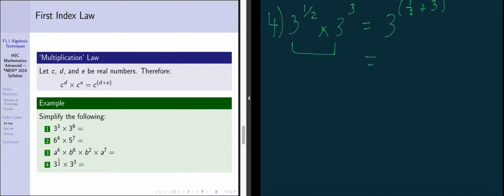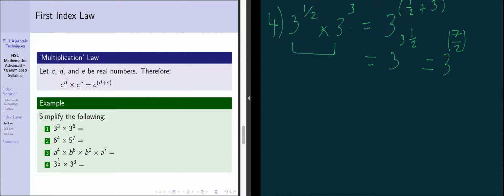So this is just 3 raised to the 3.5 power, which you could also write as 3 to the 7 over 2 power. We don't really need an understanding of what this means, but this is the simplest form. So we've done our job, and we'll be covering fractional indices in the next video.